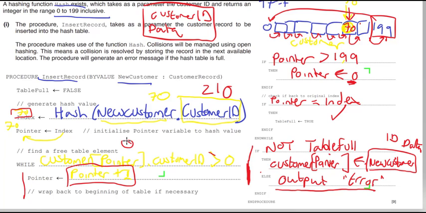We then increment by 1 our pointer. We do this bit of code. If a pointer is greater than 199, then we reset this to be 0. We then check if a pointer equals the index, then our table is full. Once we break the loop, if this never becomes true, then our table's not full. Therefore, we're going to place our new customer in whatever pointer we left off. Output error if table is full.